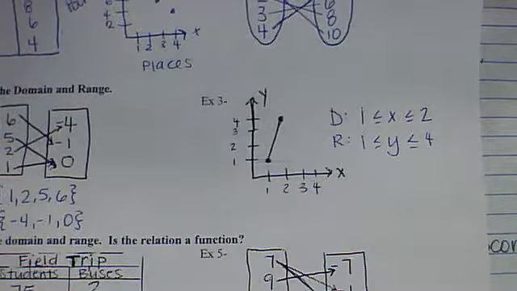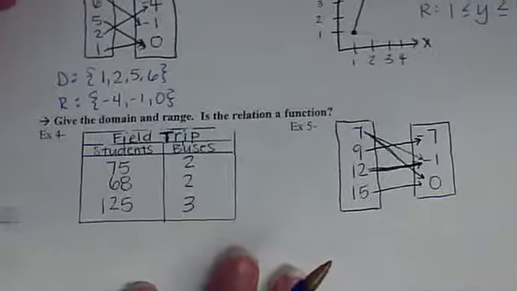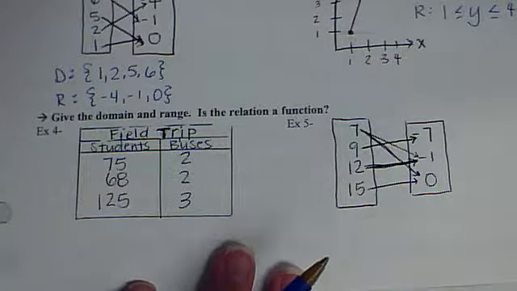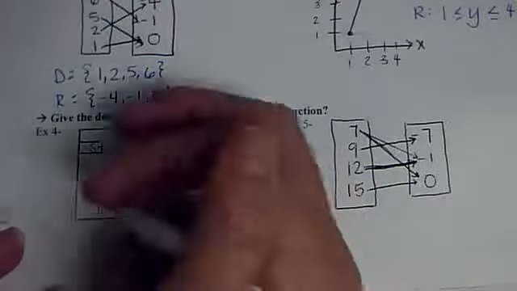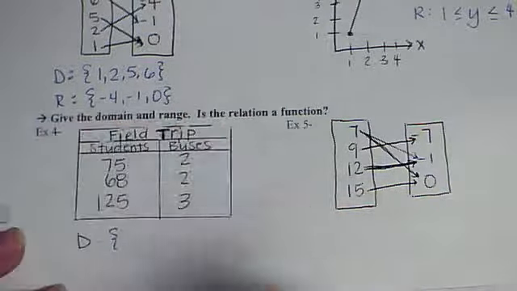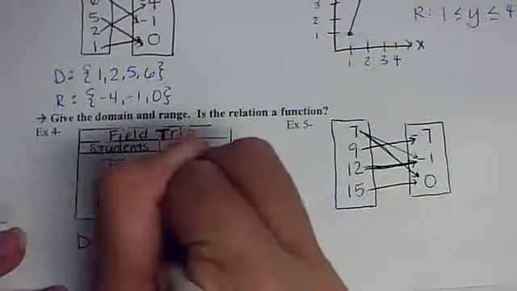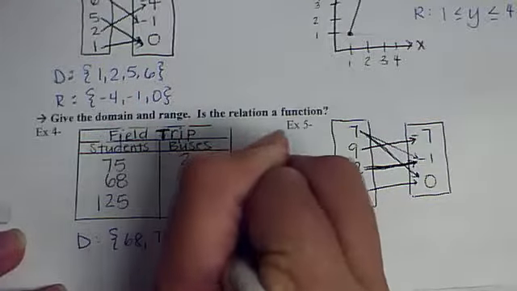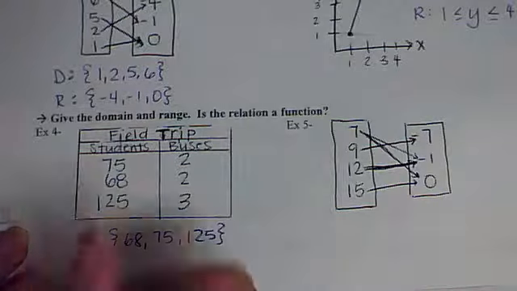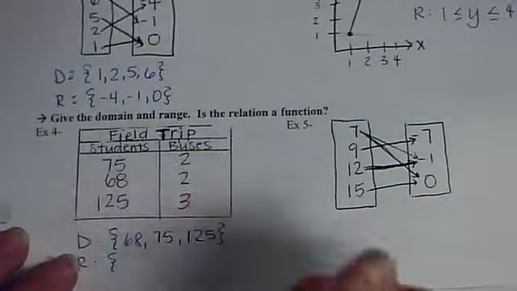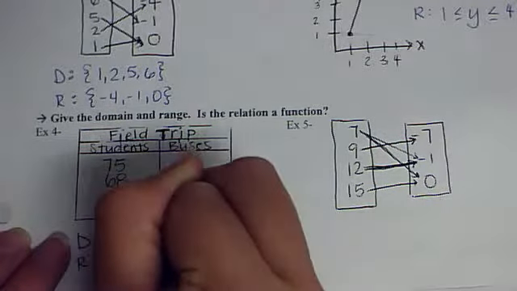The last thing we want to do on examples 4 and 5 is to give the domain and range again and tell whether or not it is a function. On example 4, the domain, again, is the x values. It always is. Those are 68, 75, and 125 are my possible domain values. My possible range values are 2 and 3.